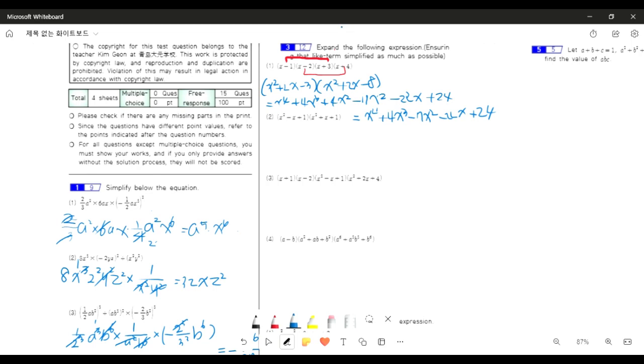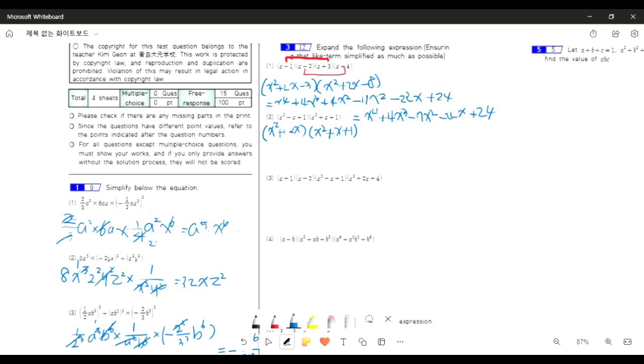Also, there are some changing of orders. Addition and multiplication can be applied with associative and commutative properties, so we can change some of the orders. So x squared plus 1 minus x and x squared plus x plus 1.